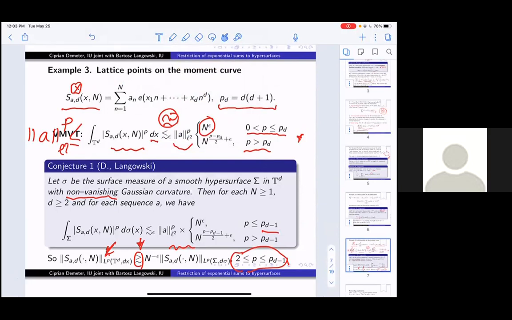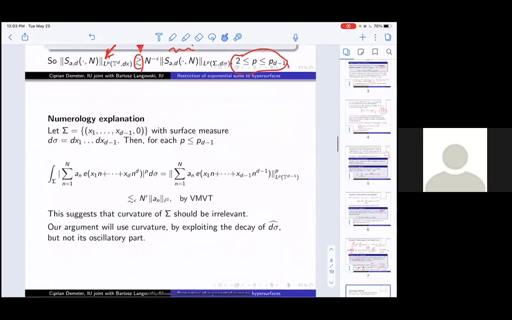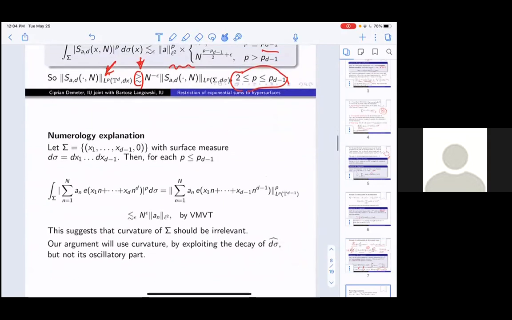So why is there a drop in dimension? Or it feels like almost as if there is a drop in the dimension, because conjecture 1 has p_{d-1} as the critical exponent. I'm going to try to explain the numerology in two ways. The first way goes as follows.